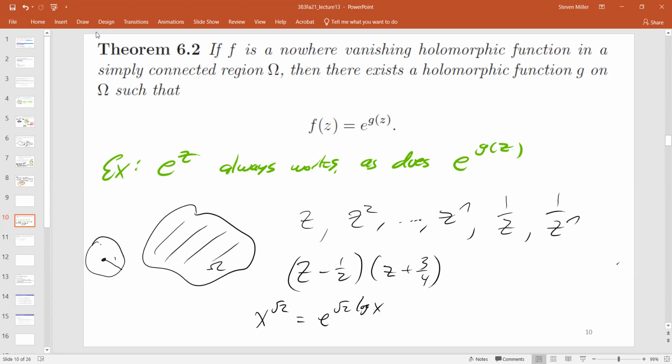And one of the ways you would calculate the derivative of x to the root 2, you can't use the binomial theorem to do x plus h to the root 2 minus x to the root 2 over h. You have to do it as e to the root 2 log x, and then use some results from calculus, such as the chain rule. So if I give you x to the root 2, I can solve it like this.